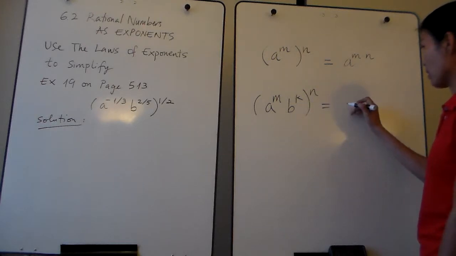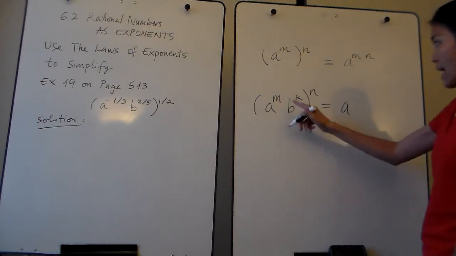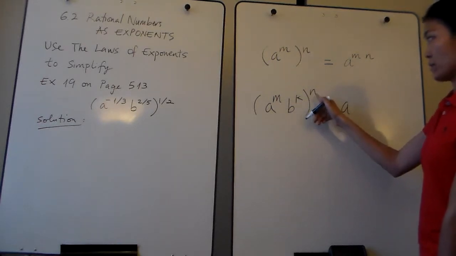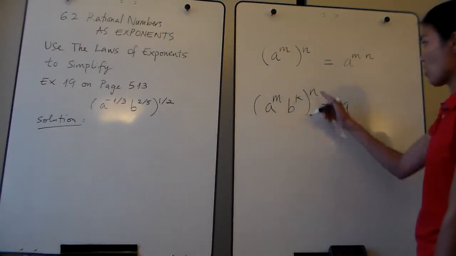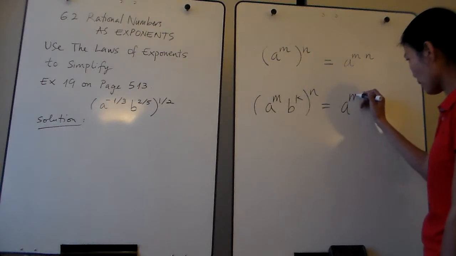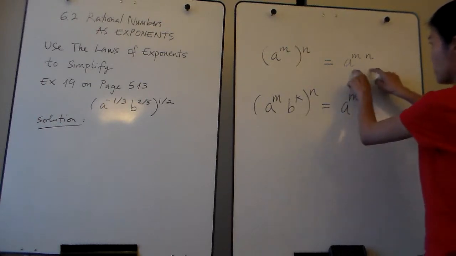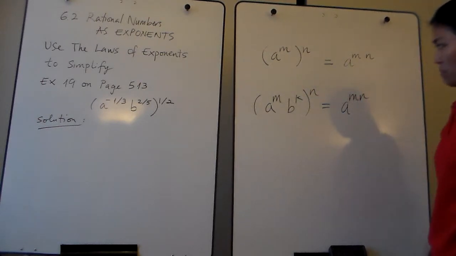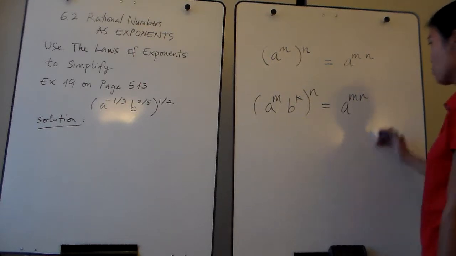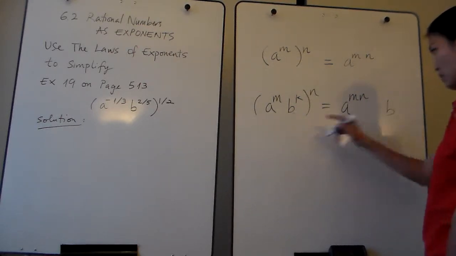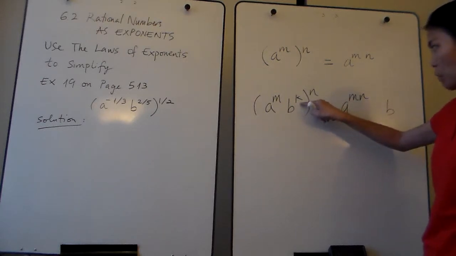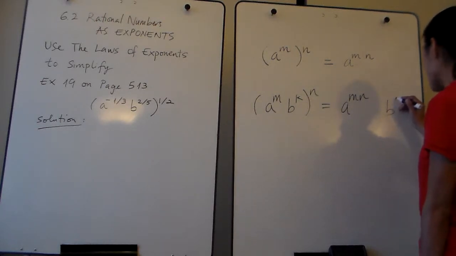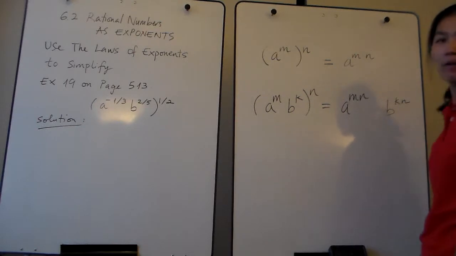To solve this, you can write this as distributing this exponent n to each exponent. So m times n, which is very similar to this. Then, because we have another variable, make sure you multiply the exponent of b, which is k times n.